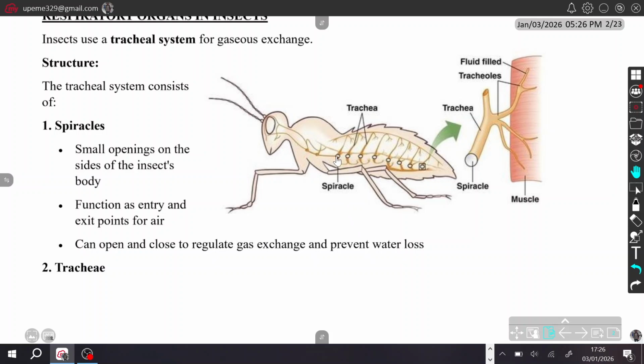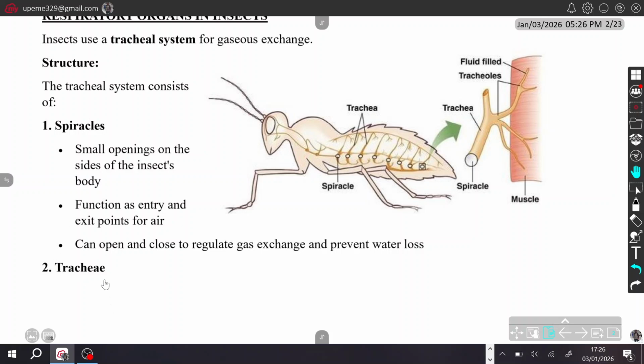They open to allow gases to come in and out, and then close to prevent water loss. In case there's too much heat, these can close to ensure that an organism does not lose water and end up dying. All right, so this is one structure of the tracheal system.